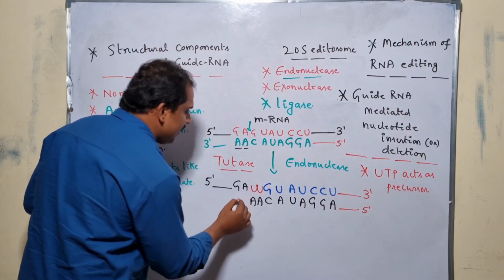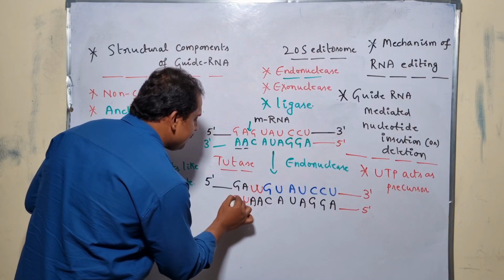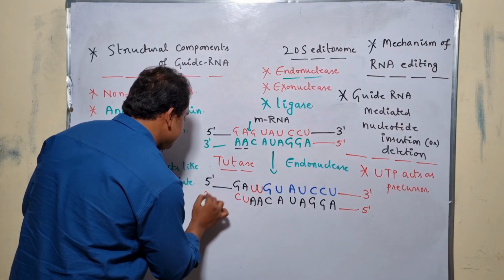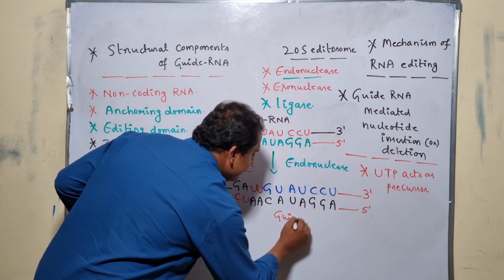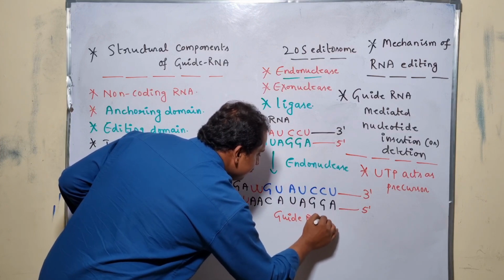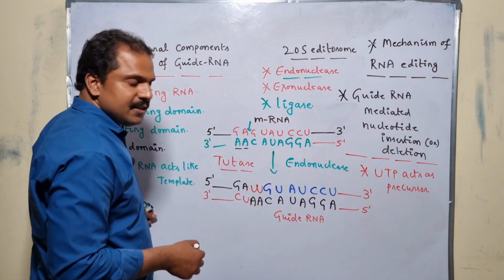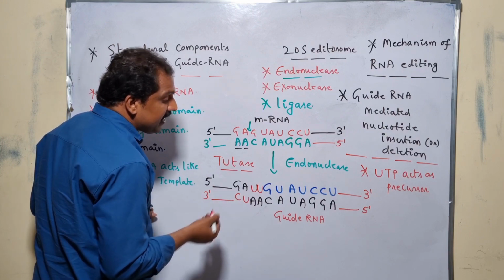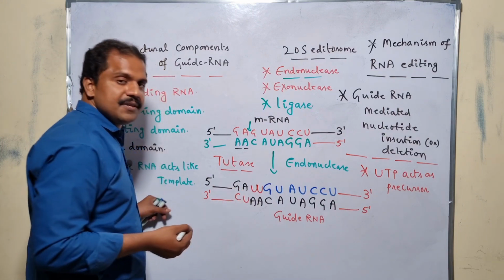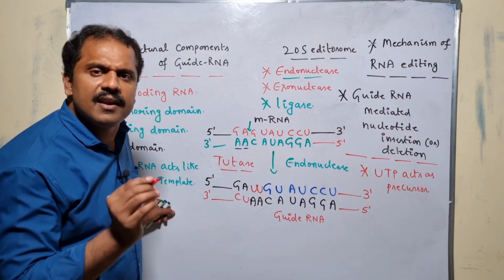And the complementarity of A is U and the complementarity of G is C here. And here it is nothing but what? The 3' end. So here it is nothing but what? The guide RNA. Is it clear? So here after the successful insertion of the uridine nucleotide, one more enzyme comes into the picture, and it is nothing but what? Ligase.